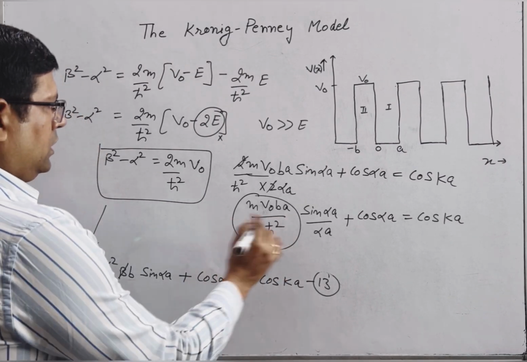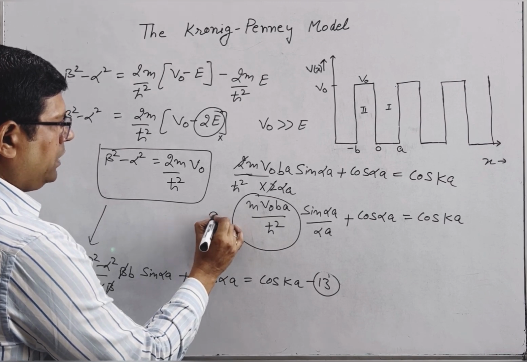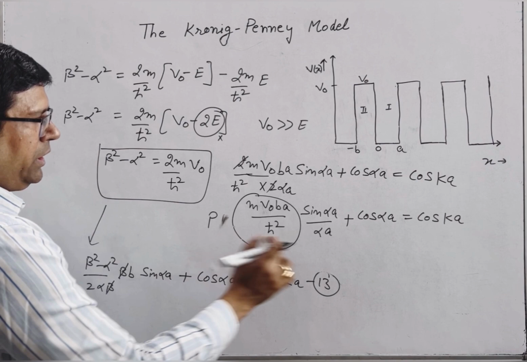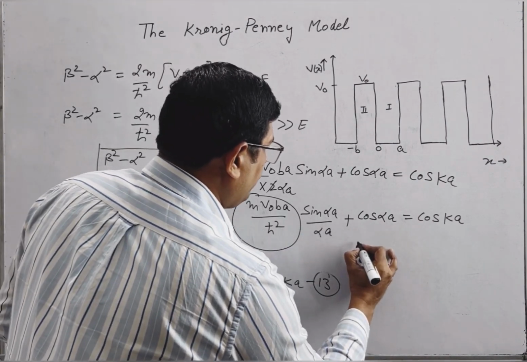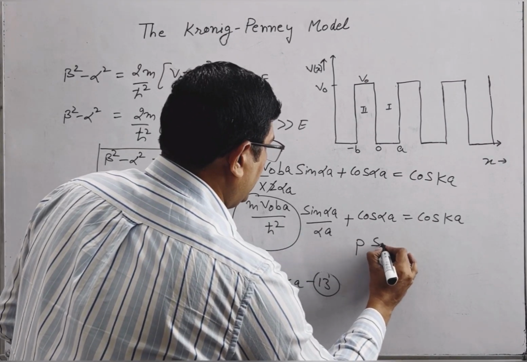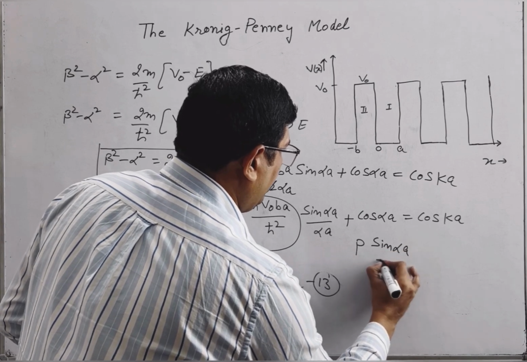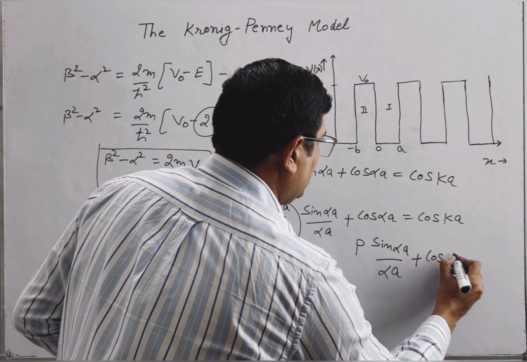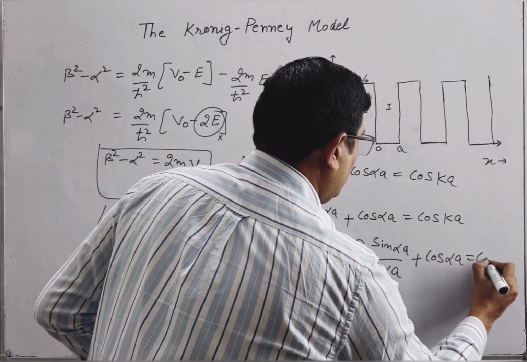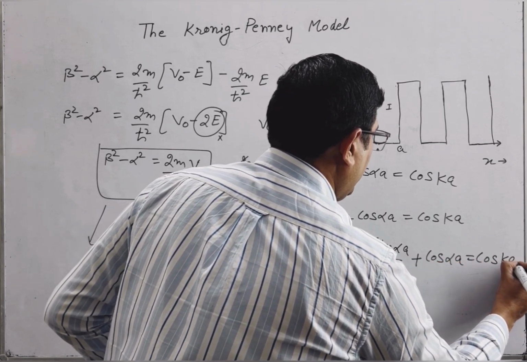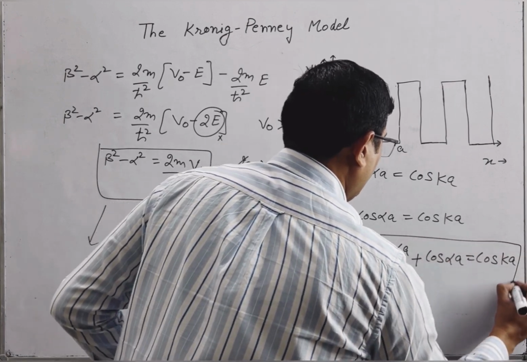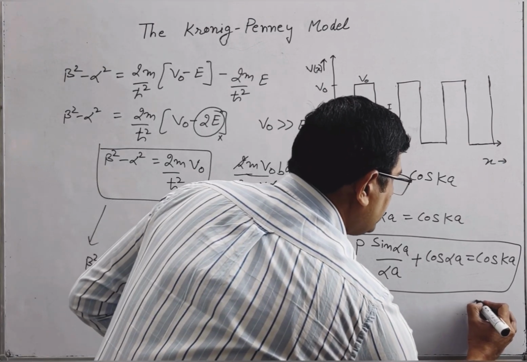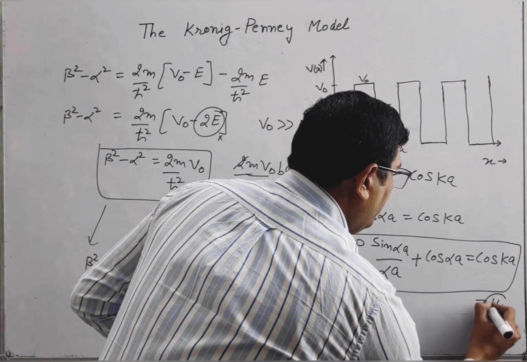So this can be written as P. Suppose all these values are equal to P. So we have from this equation P sine alpha a upon alpha a plus cos alpha a equal to cos Ka. This is our main equation, and this is equation number 14.